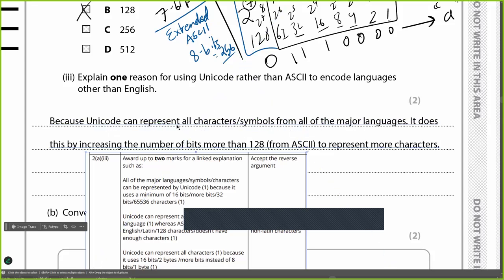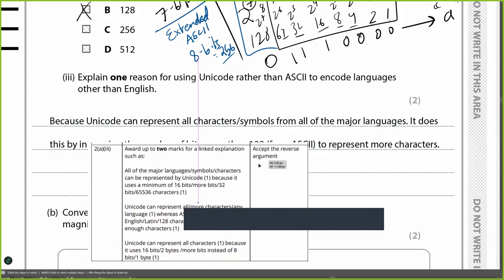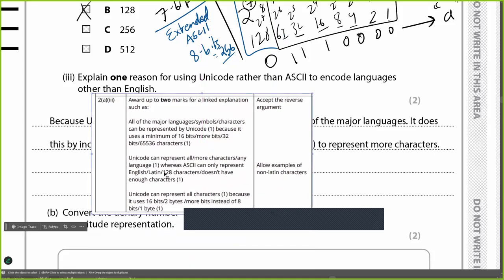Unicode can represent all characters, symbols from all of the major languages. It does this by increasing the number of bits more than 128. So we also incorporated 128, showing that we remember how many characters the ASCII code can represent.